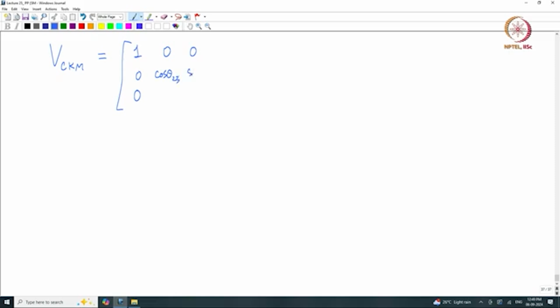It tells me that I can think of the CKM matrix as 3 rotations. Okay. This is something like a rotation around an x axis. There is no x or y axis here really, but it helps us visualize what is going on. Okay. And then there is another, I can multiply with another rotation matrix.